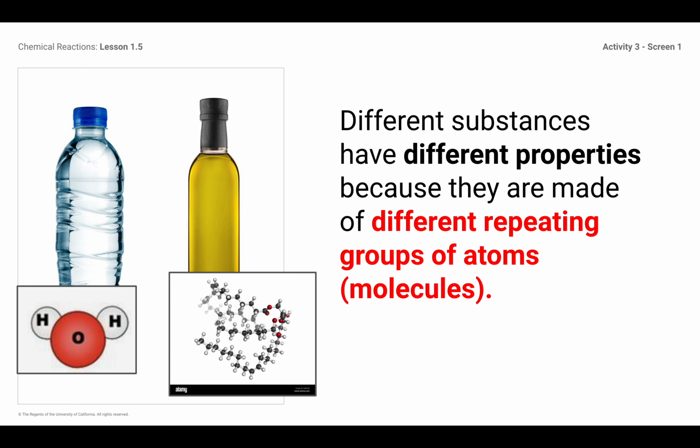Water is the repeating group of atoms, or the repeating water molecule is H2O. And in olive oil, believe it or not, that strand, that big group of atoms underneath it, is one molecule of olive oil. It's made of all of those atoms, and it has to be arranged in that particular way, or else it's not olive oil. So different substances have different properties because they're made of different repeating groups of atoms or different repeating groups of molecules.